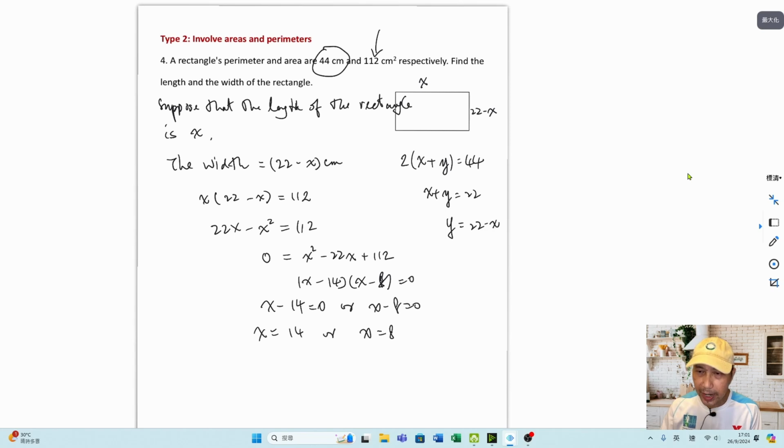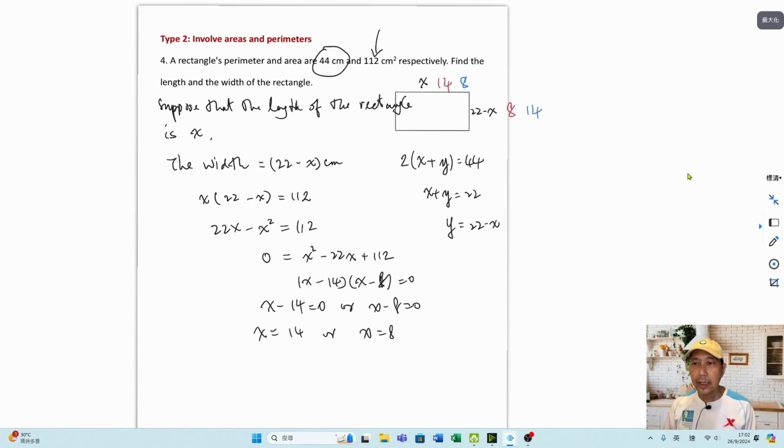So we'll put it back to the rectangle. If the length is 14, the width should be 22 minus 14, that is 8. The product of them is 112, that's okay. If we put 8 back as the length, the width will be equal to 22 minus 8. It will become 14.